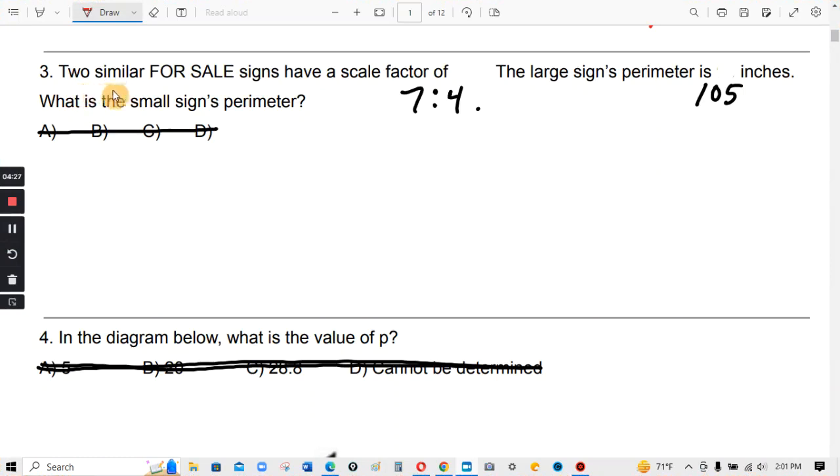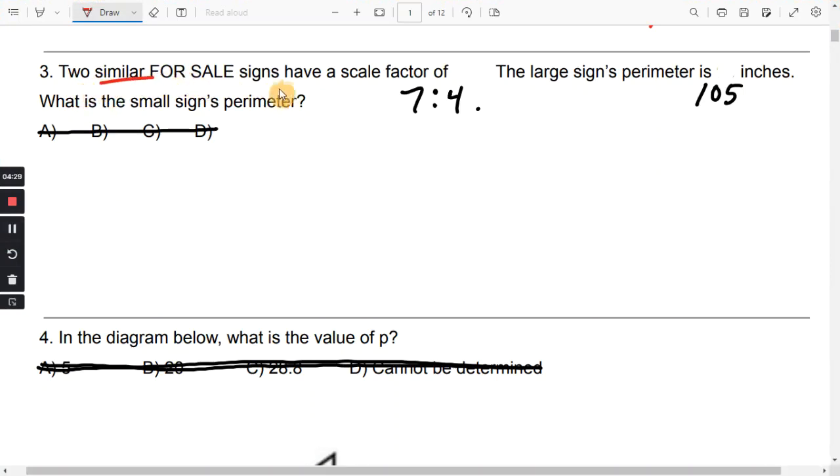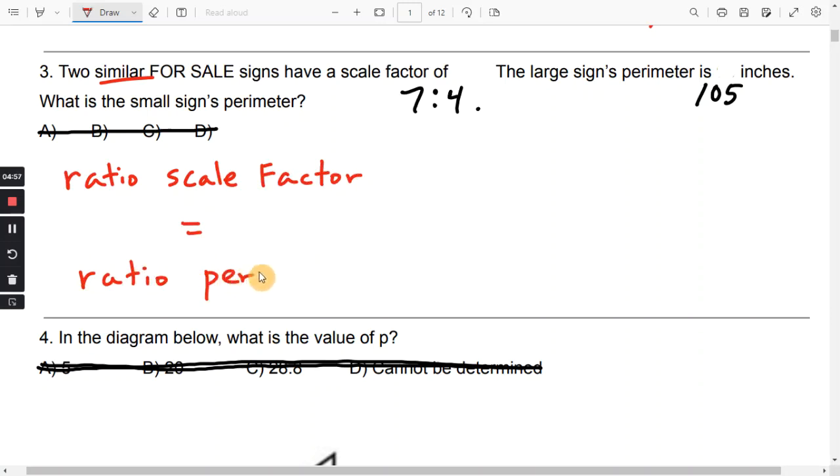Okay, number 3, two similar for sale signs have a scale factor of 7 to 4. The large sign's perimeter is 105. What is the small sign perimeter? All right, so the ratio for the scale factor is equivalent to the ratio of the perimeters.